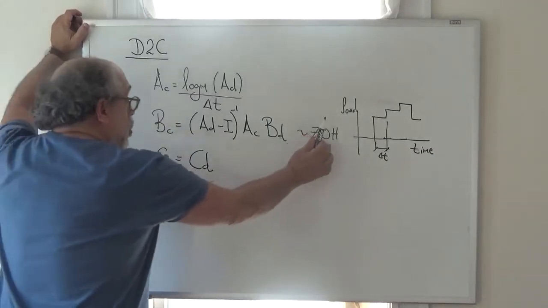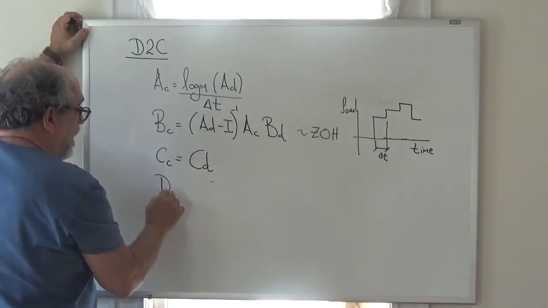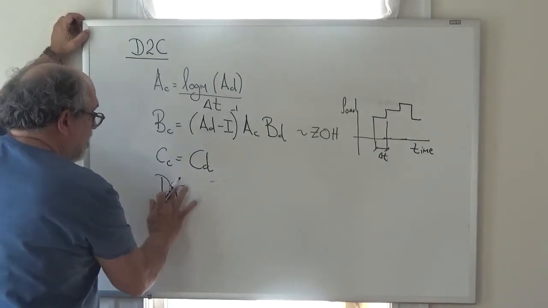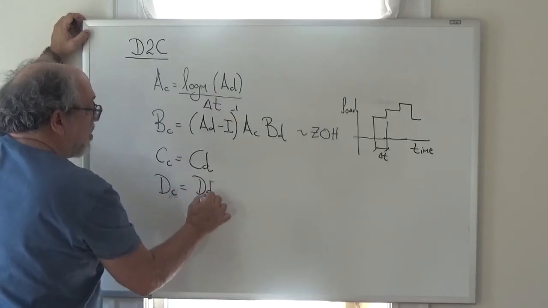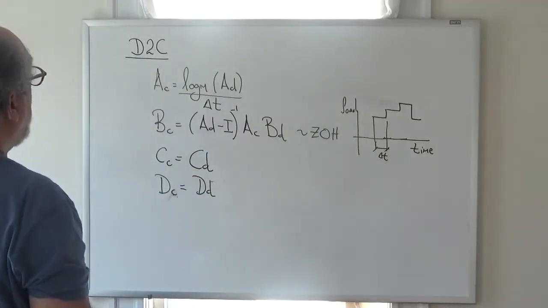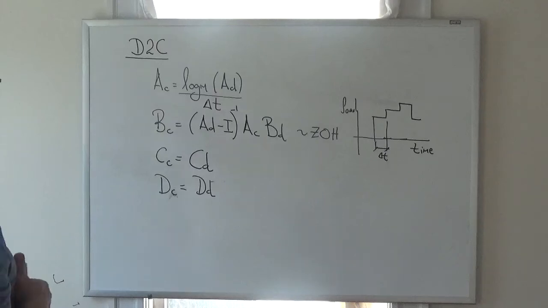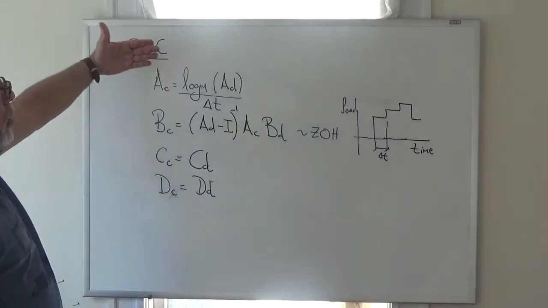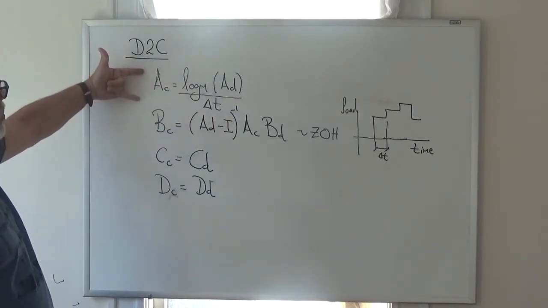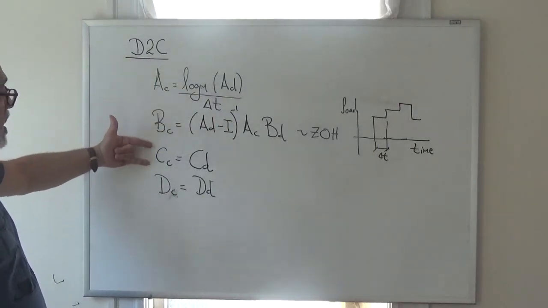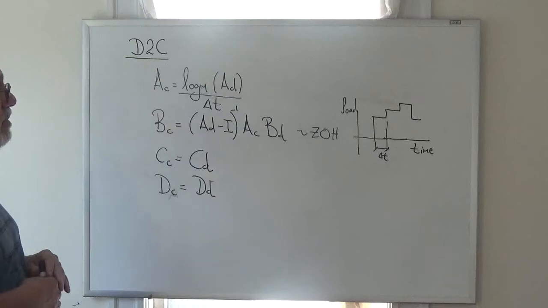And for the zero order hold, it also turns out that D continuous is also the same as D discrete. So that is what the D to C part of the problem is. We finish our identification in discrete time, we get the continuous time A matrix, the continuous time B, the continuous time C, the continuous time D.